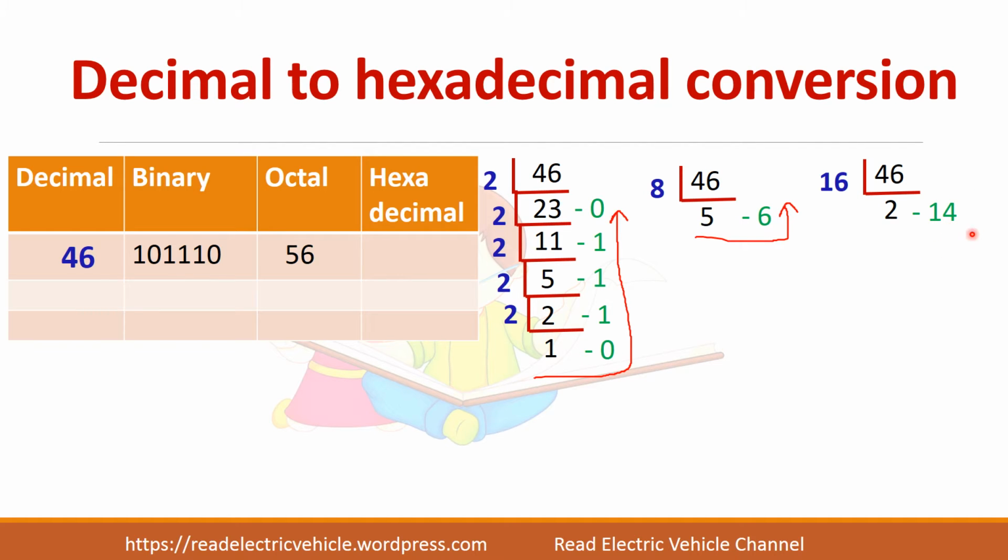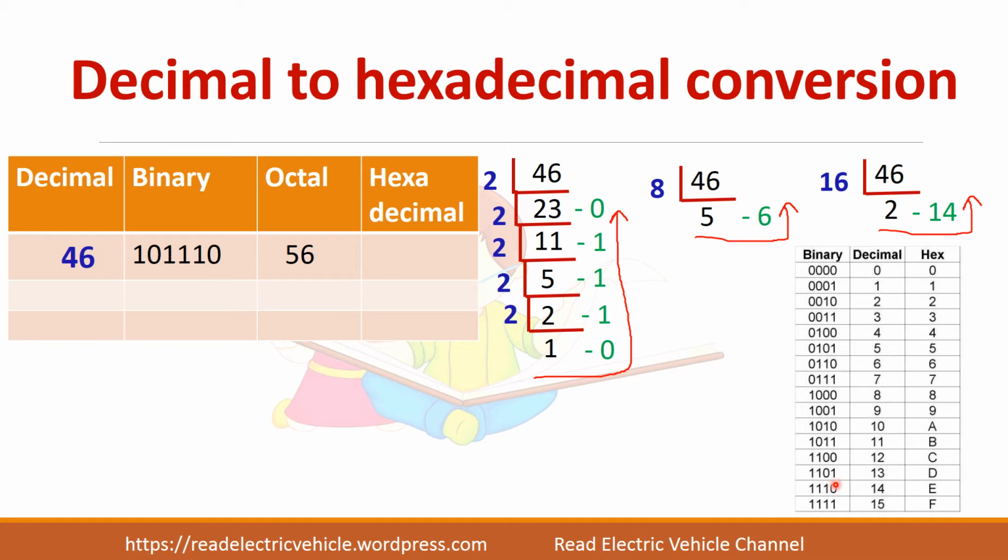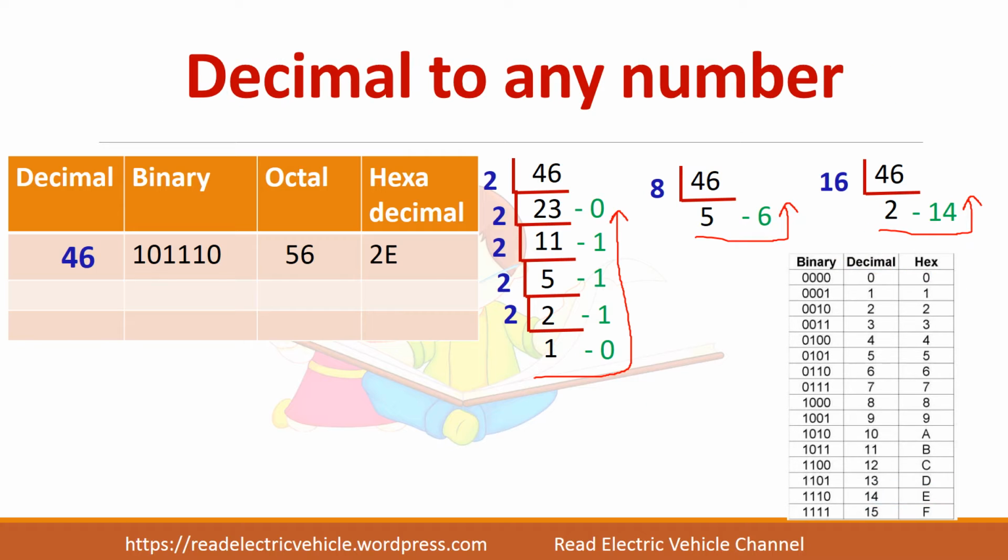So what is the equivalent alphabet for 14? You see this table. Here the equivalent alphabet is E. So instead of 14, you have to write E. So 2E is the answer. So the equivalent hexadecimal value is 2E for 46.